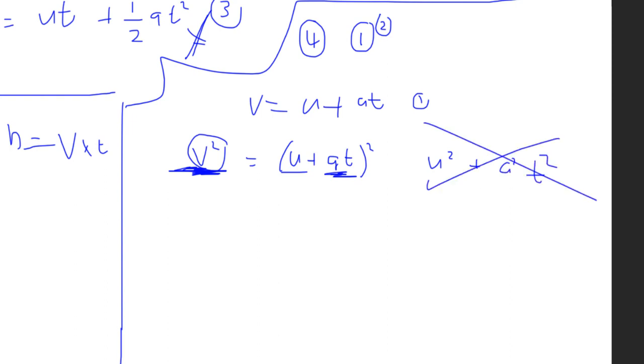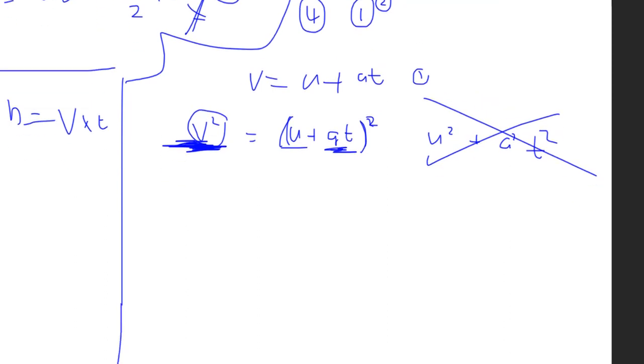So when we have two variables, we have to put a bracket, then square it like so. That is the rule if you want to square an equation. But if we have only one variable, like only v here, we can just square it individually like this. So I hope you guys don't make that mistake whenever you do your maths.